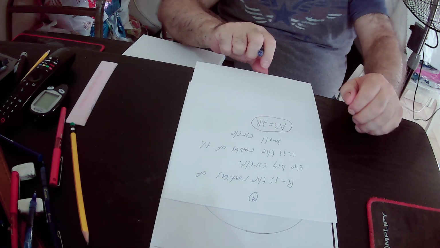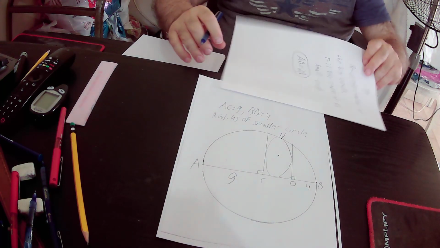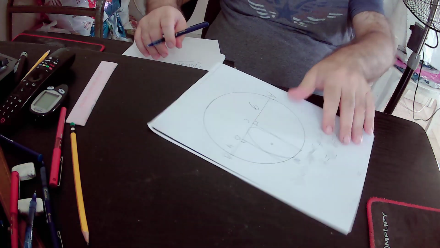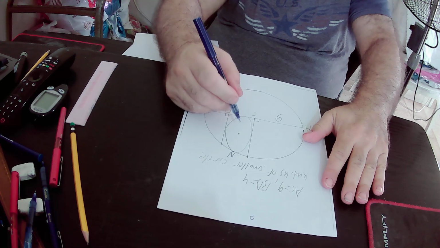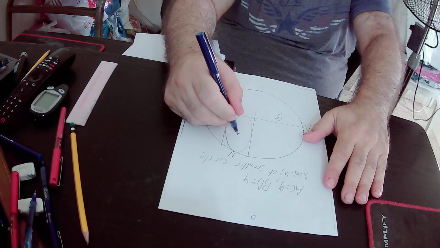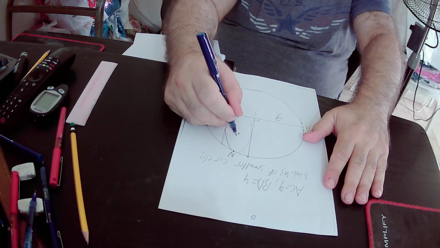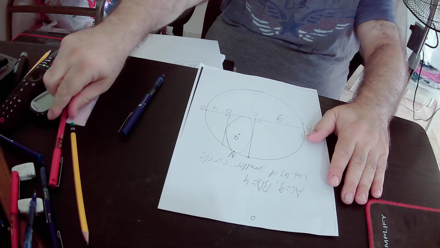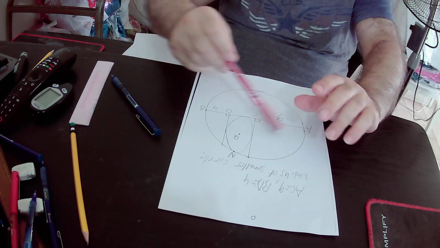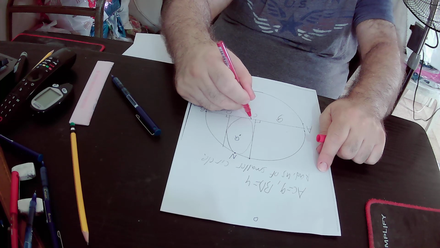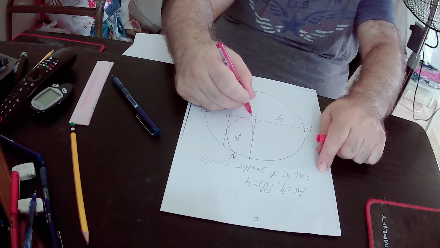Okay, and we will define Q. Point Q will be the center of the small circle, and point P will be defined as the center of the big circle.